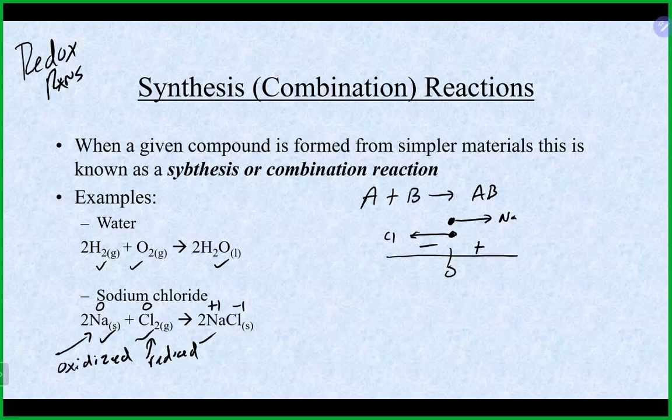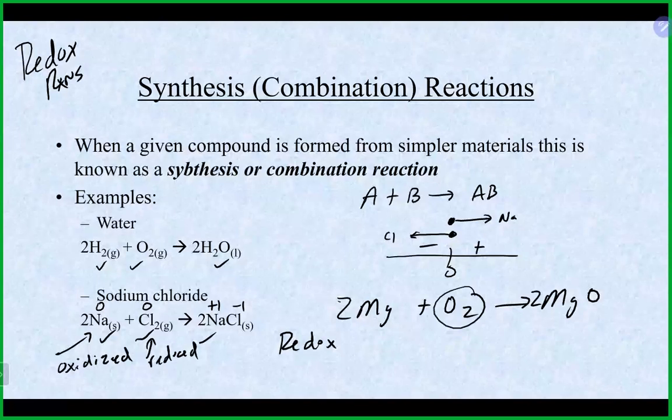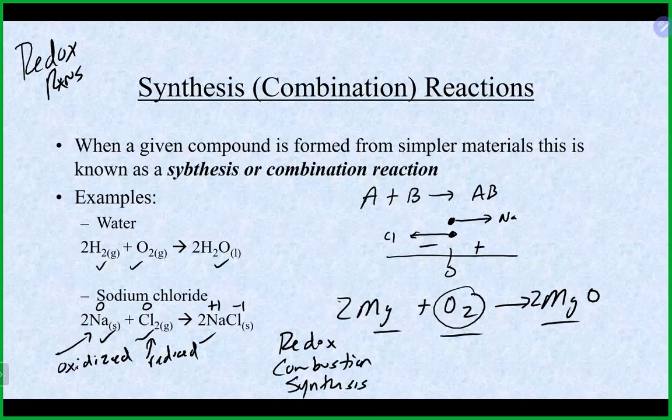This also brings up a good point if we take a look at that equation we saw earlier with the magnesium. We were able to classify this as a redox reaction, right? Because there's electrons being transferred. It also could be classified technically as a combustion reaction because there's oxygen. And that is two things that make one thing, which means you could classify this as a synthesis or combination reaction.